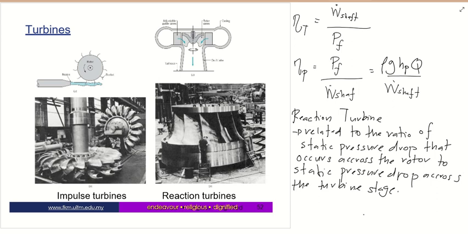So for the reaction turbine, a larger rotor pressure drop corresponds to a larger reaction for that turbine.